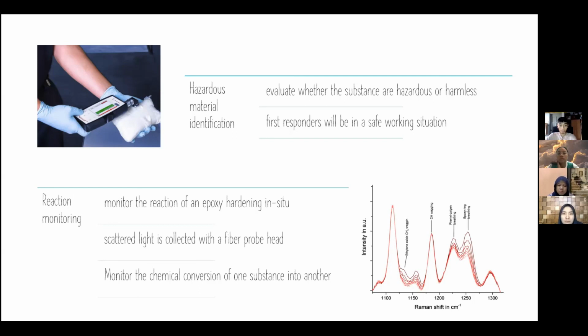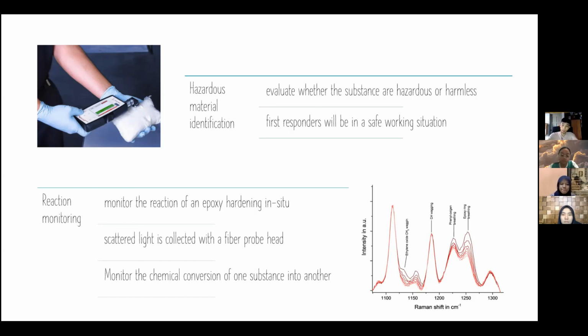Then scattered light is collected with a fiber probe head, which means they place it in a chamber, and then the Raman spectrometer will detect the substance within a short time. So they can monitor the chemical conversion of one substance into another.